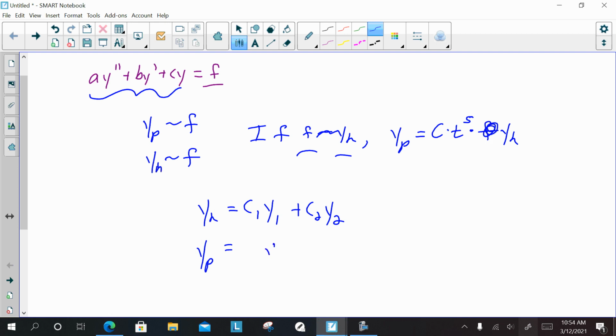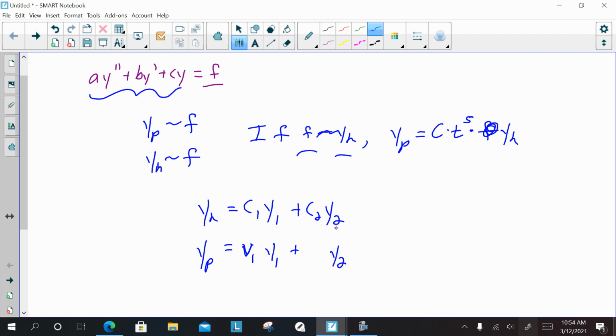So if y1 is the solution to the homogeneous, there may be some function, let's call that v1, that we can multiply out front by that will give us a solution to the particular. So instead of multiplying by t or t squared to get a related function, we might have some other function that we multiply by. And the same thing for y2.